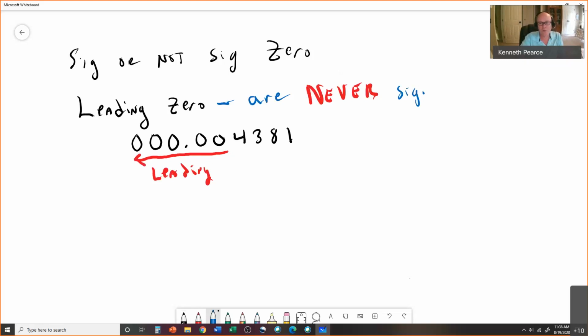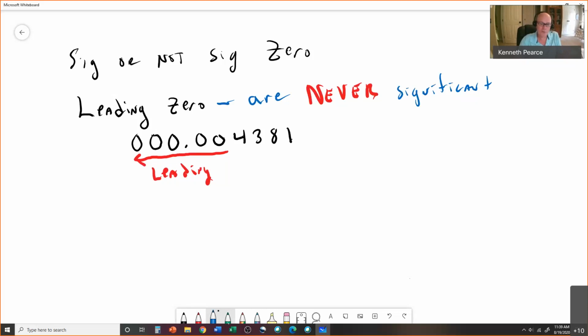Okay, that's going to be our rule. Leading zeros are never, ever, ever significant. And it doesn't matter if there's a decimal in there. It doesn't matter if there's no decimal. But if it's all zeros leading out to the left, just the zeros, then they're never significant.